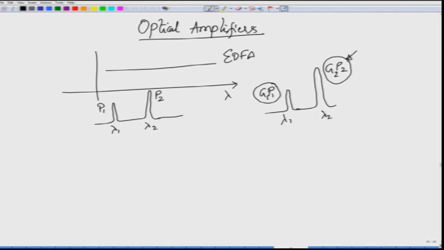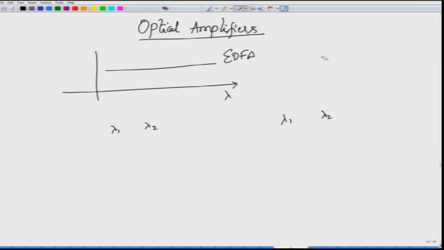That problem is not so severe in an erbium doped fiber amplifier, but it still leads to a problem, in the sense that signals at different wavelengths experience different gains. You can't really assume that all the wavelengths coming in will be amplified with the same gain. The situation becomes a little worse when you come in with two different wavelengths having equal powers.